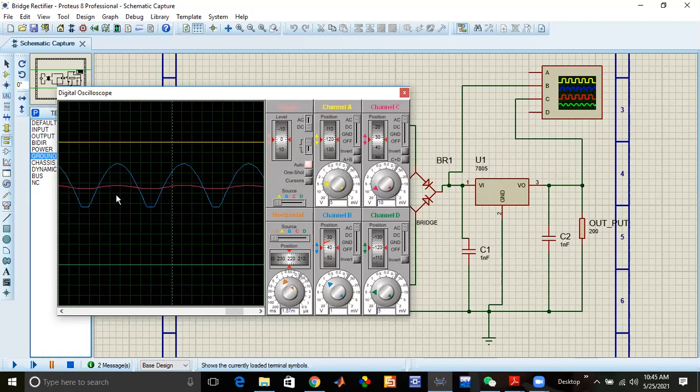So you see here, this is the output and this is the regulated output. So this is approximately straight line. And when we increase the value of the capacitor, so then it will become very good.